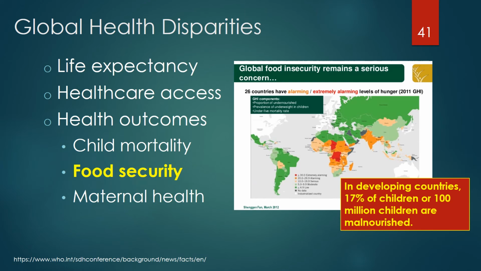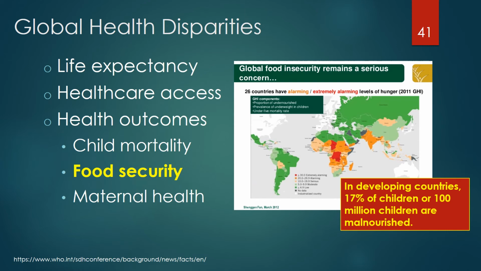According to the latest estimates, the number of people living in hunger in the world is over 1 billion, or 13% of the world's population, the highest on record. In developing countries, 17% of children, or 100 million children, are malnourished.